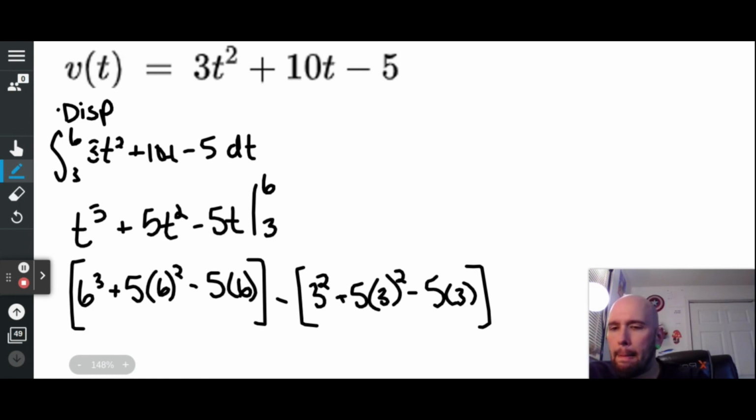The answer is 366. 3 cubed plus 5 times 9 minus 15. The answer is 39. 366 minus 39. It's 327. And in this case, it was feet.